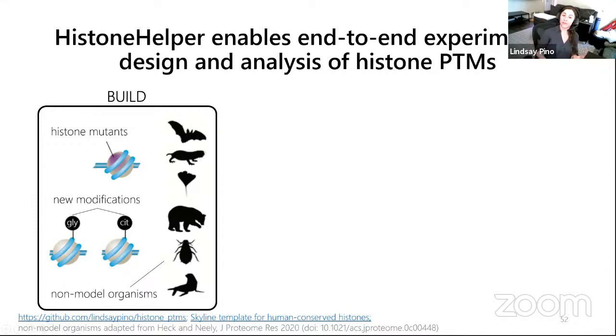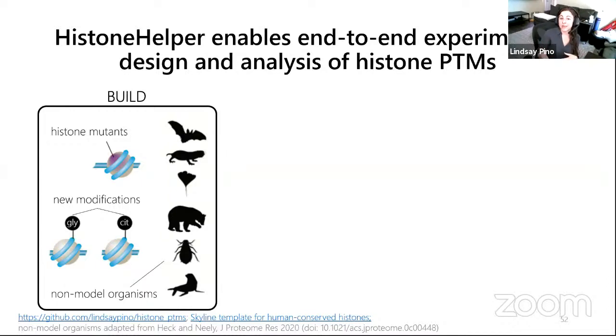Commonly for histone PTMs, people are interested in the usual suspects, things like methylation, acetylation, but there's growing interest in other types of modifications like glycosylation, like citrullination. Using Skyline, it's very easy to add modifications just by right-clicking on the target and going down to the modifications option in the drop-down menu.